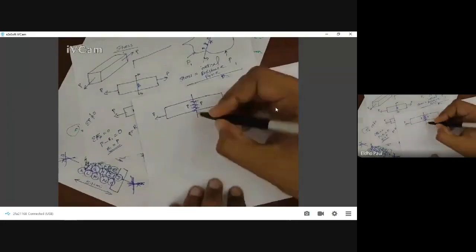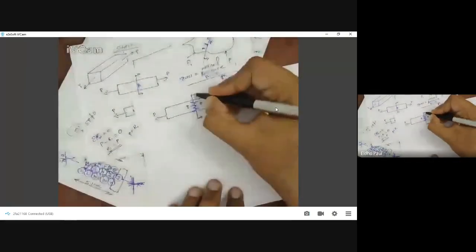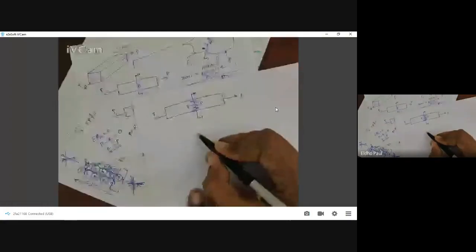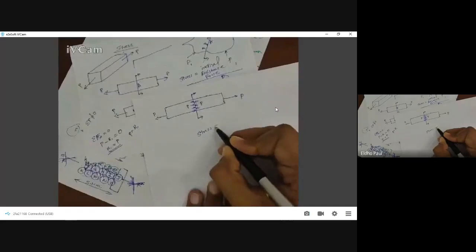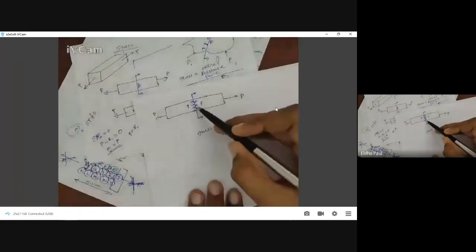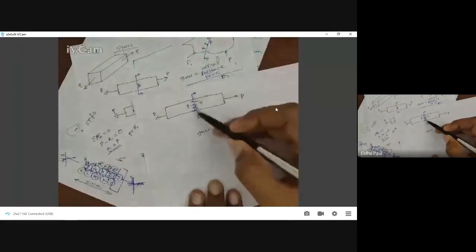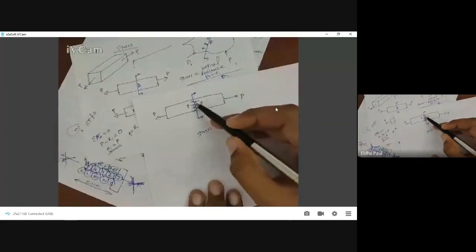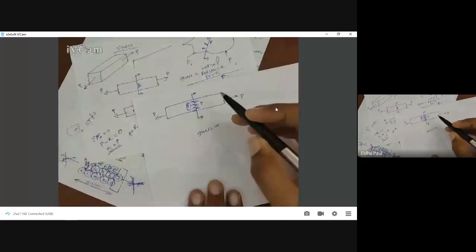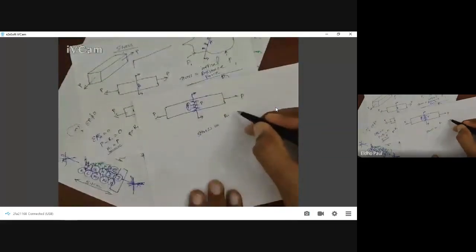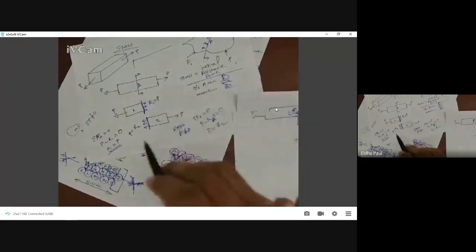Then in this cross section, what is stress? Stress equals the internal resistance force across this cross section. What is the internal resistance force across this cross section? That is P, equal to R1 or R2 or P; they are all the same.